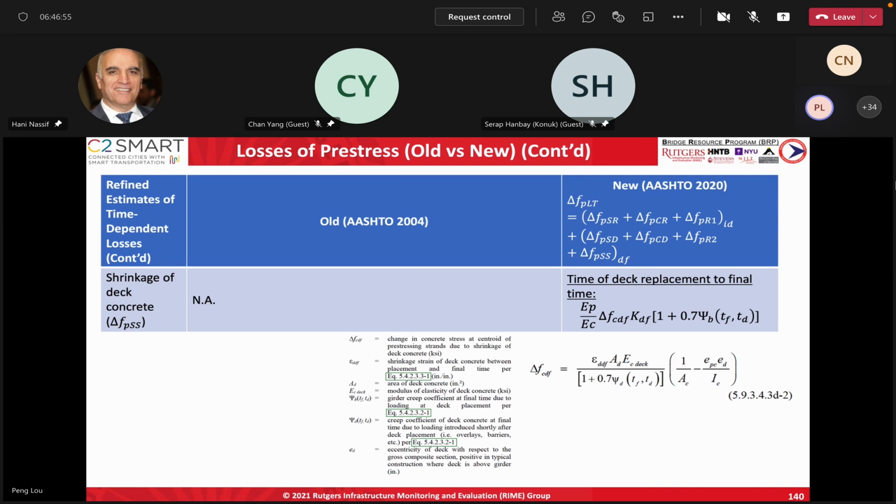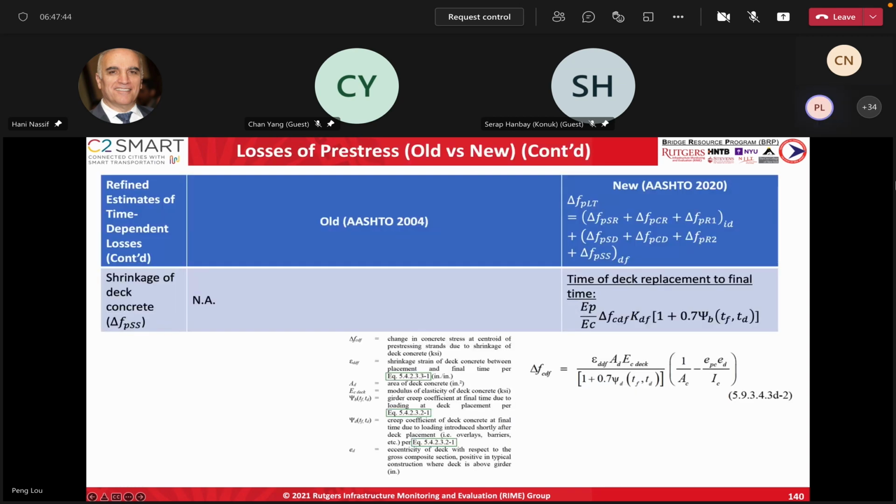After you place your deck, the deck will also have shrinkage, so the new code puts in an additional model to estimate the refined value of the shrinkage of deck concrete. The equation you should be looking at is 5.9.3.4.3d-2. As we mentioned before, it mainly depends on the girder creep coefficient for the two time horizons, and also the area of the deck concrete and the eccentricity of the deck with respect to the gross composite section.